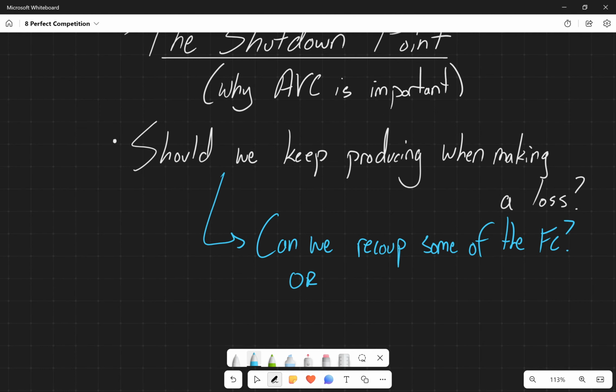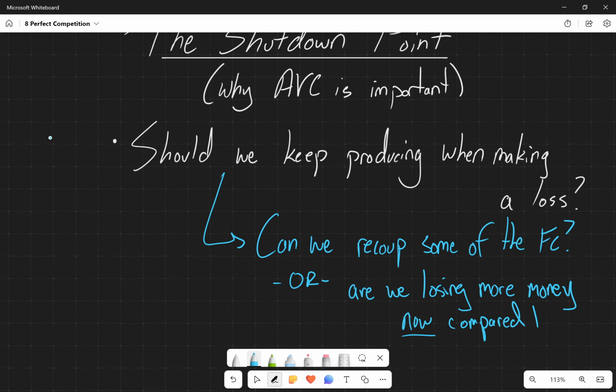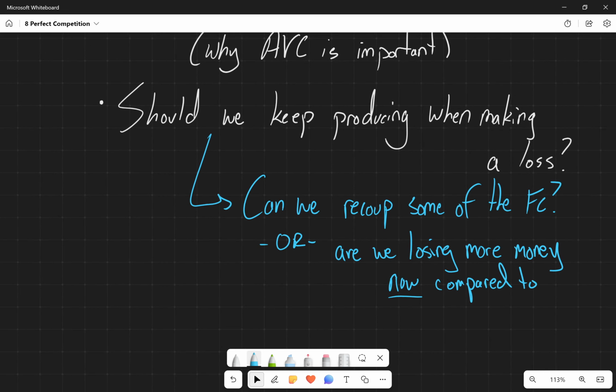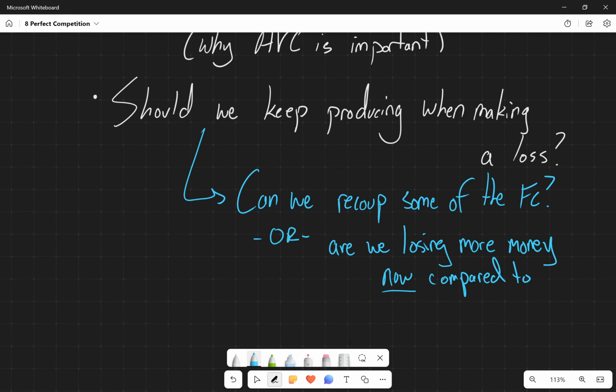Or are we losing more money now compared to shutting down and losing the fixed cost?